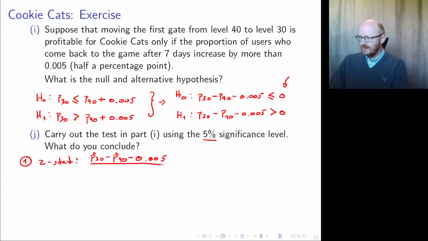And we just divide by the standard error of this difference.